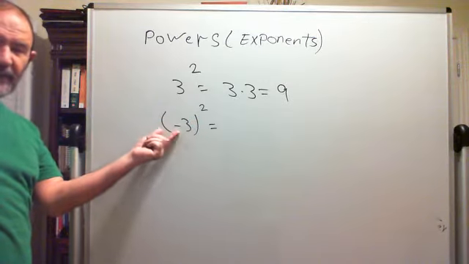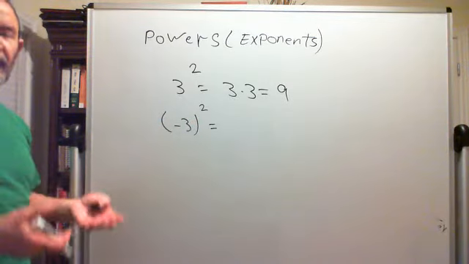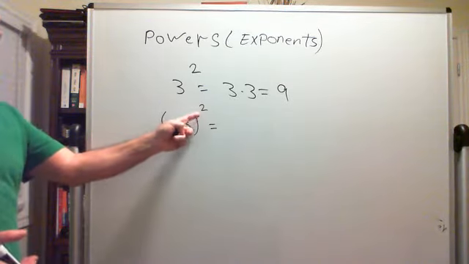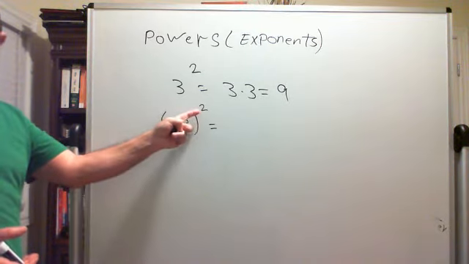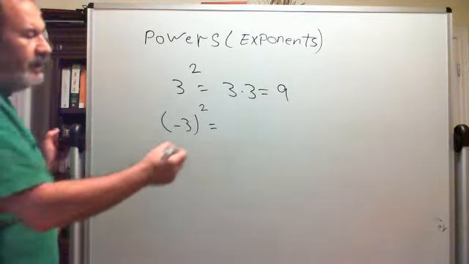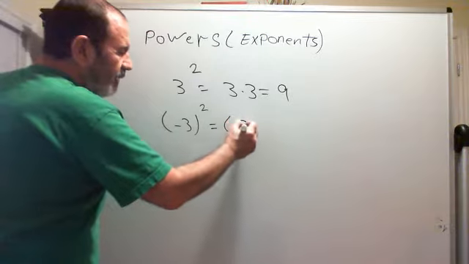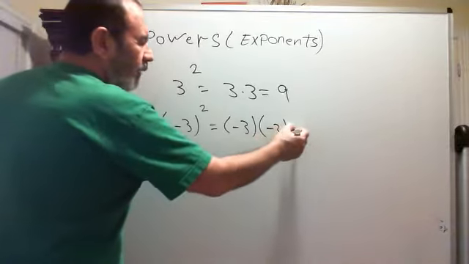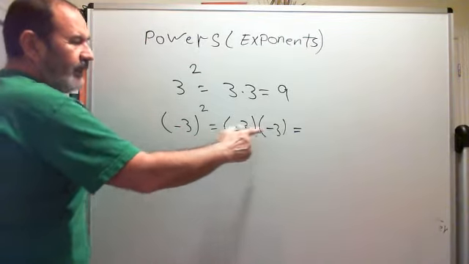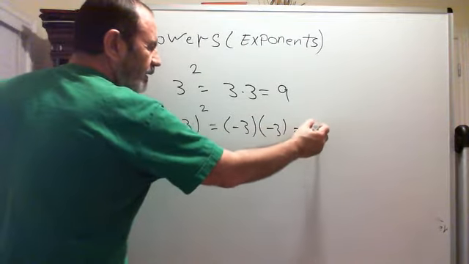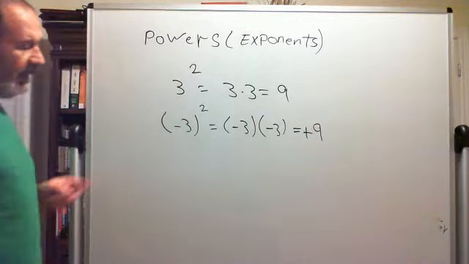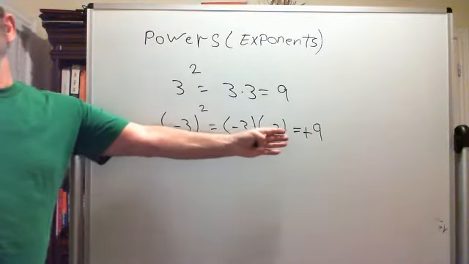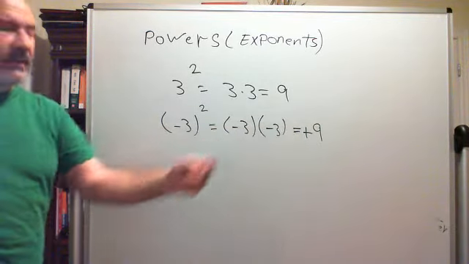It means whatever is inside the bracket, we should multiply by itself as many times as the exponent, which in this case is 2. So it means negative 3 multiplied by negative 3, 2 times. What is the result? Negative times negative is positive, and 3 times 3 is 9. So (negative 3) to the power of 2 is positive 9.